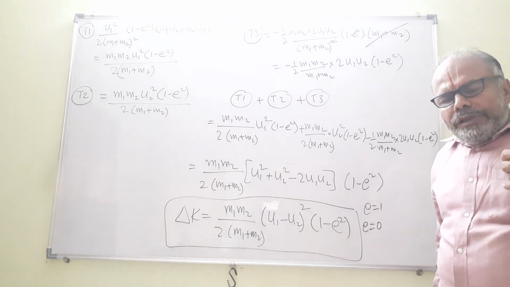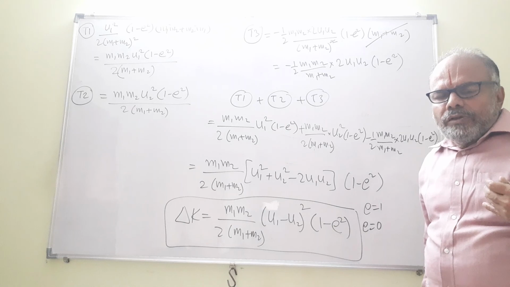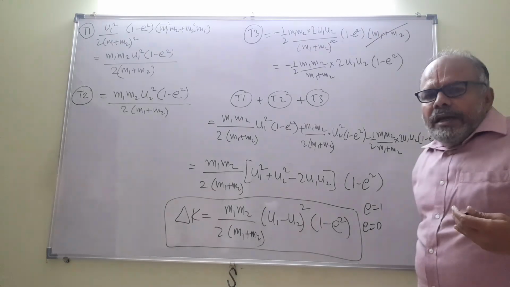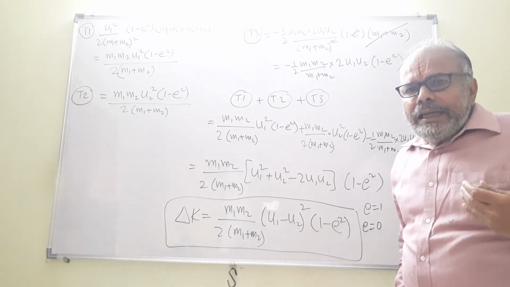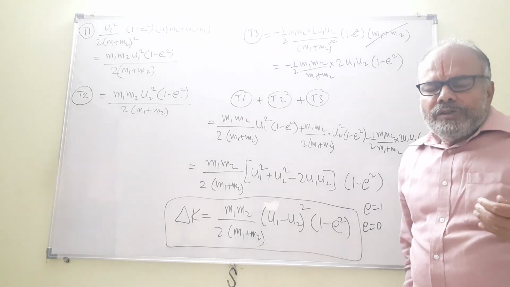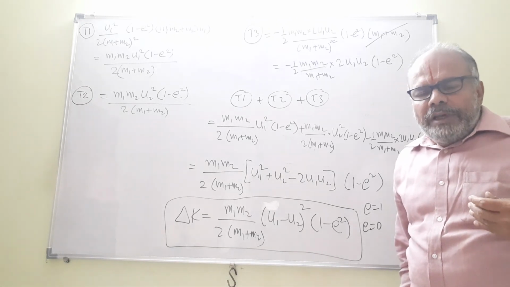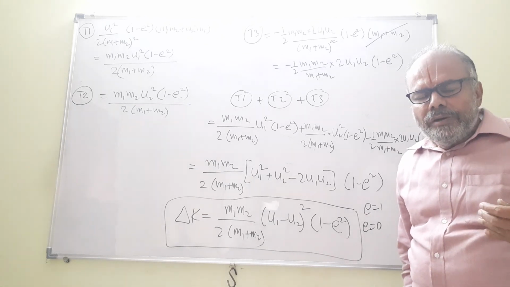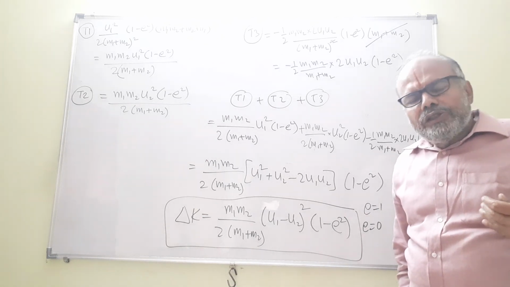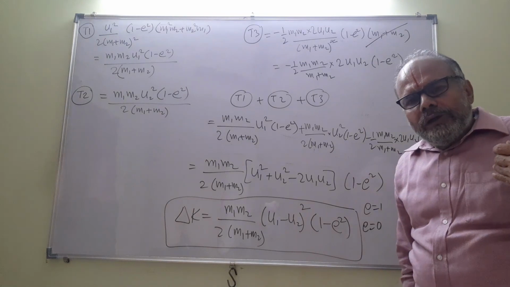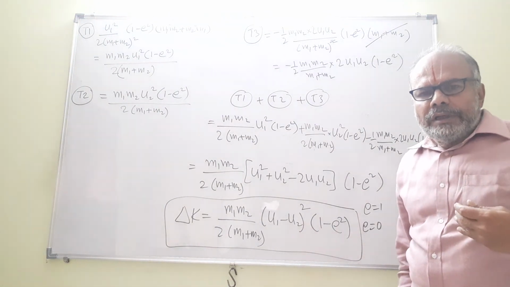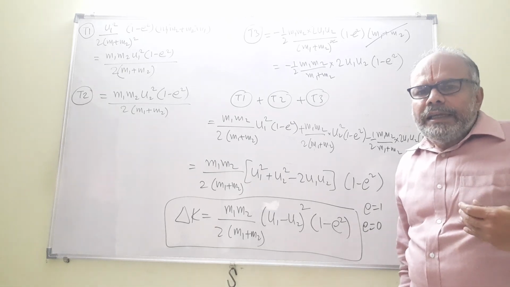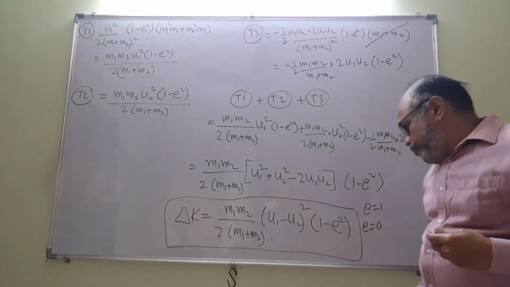That is called a plastic collision, or also a completely inelastic collision. In that case, the elastic potential energy of deformation is not at all reconverted back into kinetic energy. So the loss in kinetic energy is maximum.